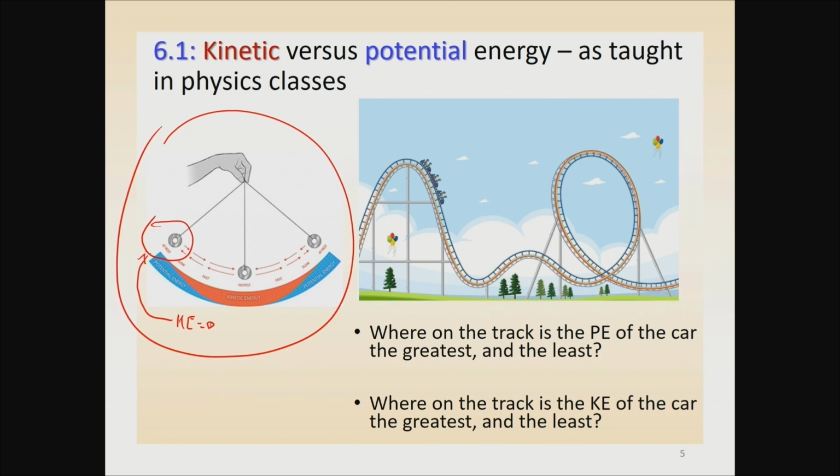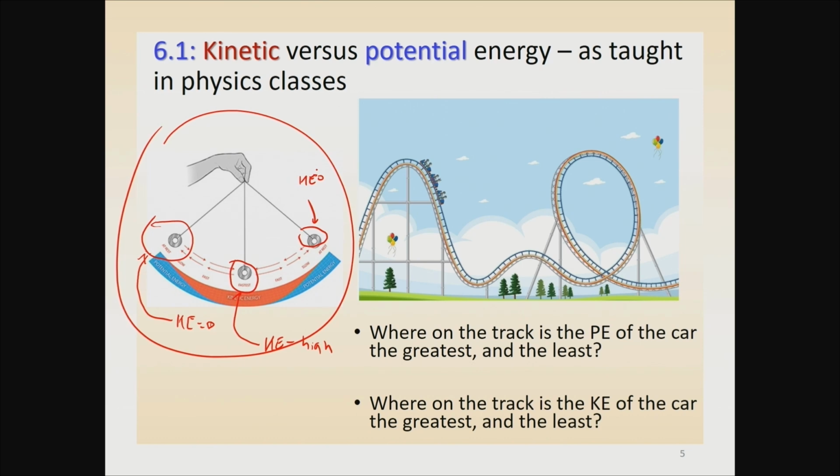In the middle position, you can imagine that this washer is going as fast as it can go. So here in the middle position, at the bottom of its cycle, the kinetic energy is relatively high. When it gets back to the other side, the kinetic energy is 0 again because it's motionless. So what you can see is in this pendulum cycle, we have the kinetic energy varying from nothing when it's not moving.